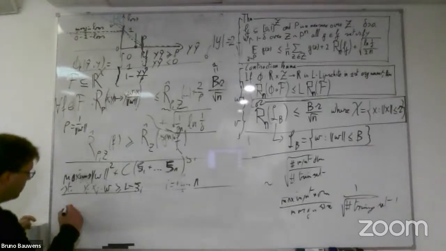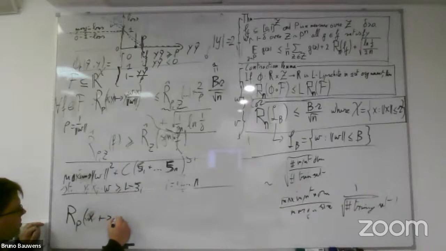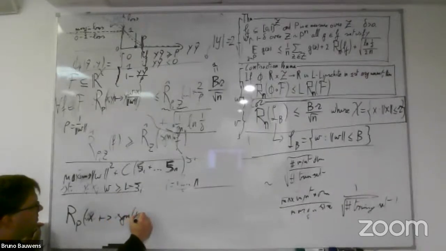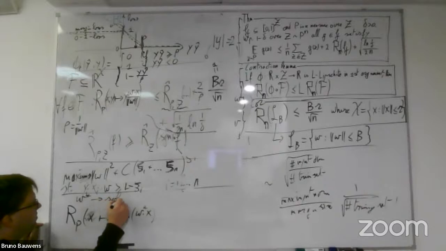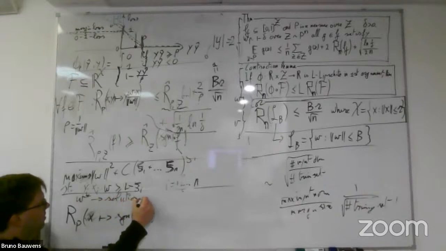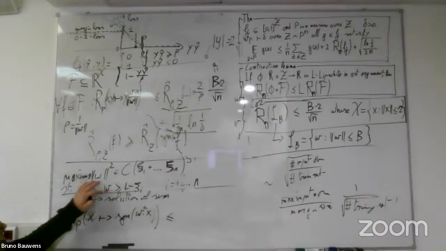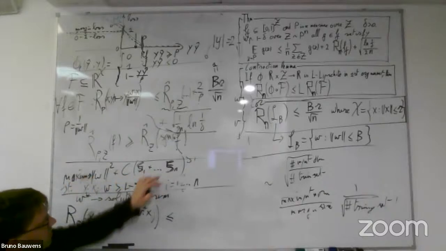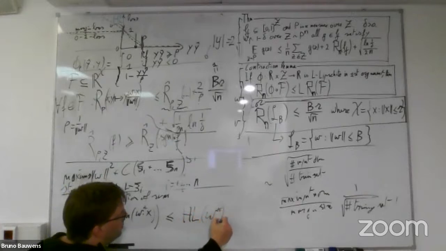So our risk bound for x goes to sign of W times x, where W star is the solution of SVM, will be bounded by the hinge loss of W star.